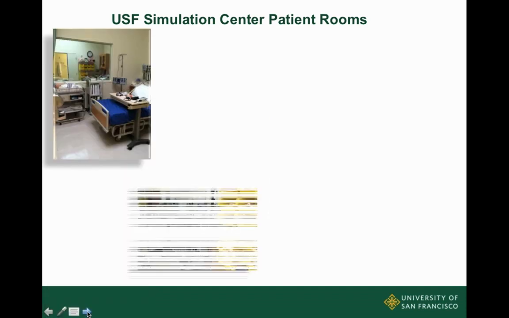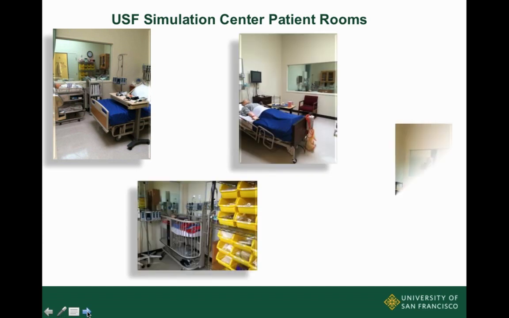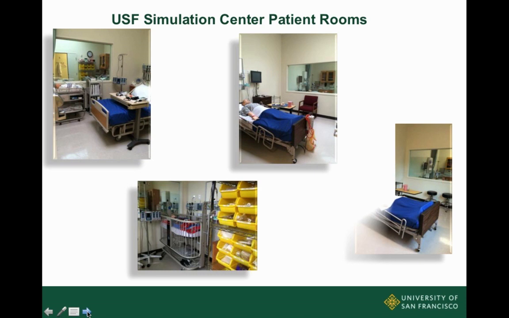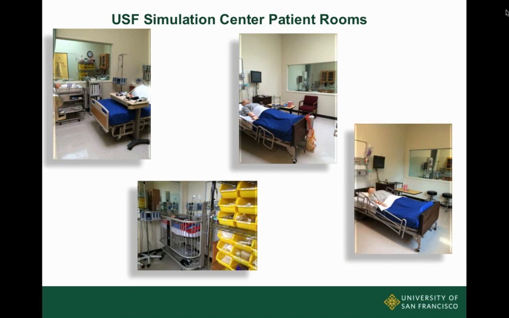The 2,000 square foot simulation center has 4 individual hospital rooms, a maternal child ward, a pediatric ward, and of course 2 other multi-bed practice rooms, plus 4 conference rooms for debriefing. There are low, medium, and high fidelity mannequins which are available for teaching and learning.